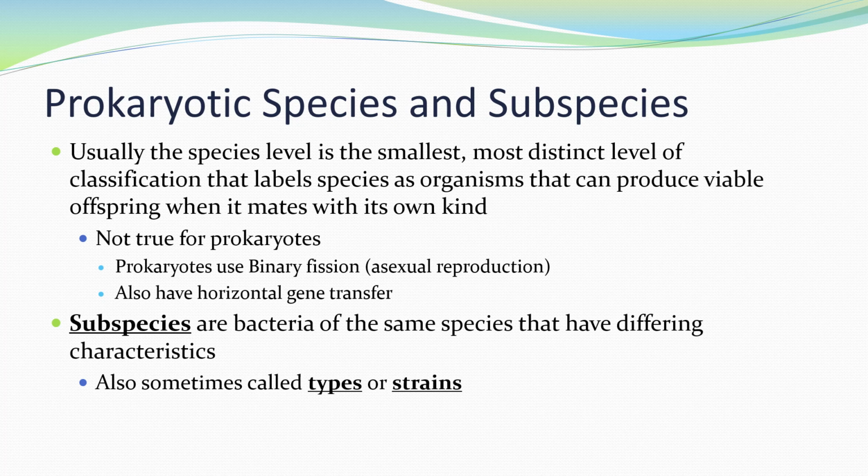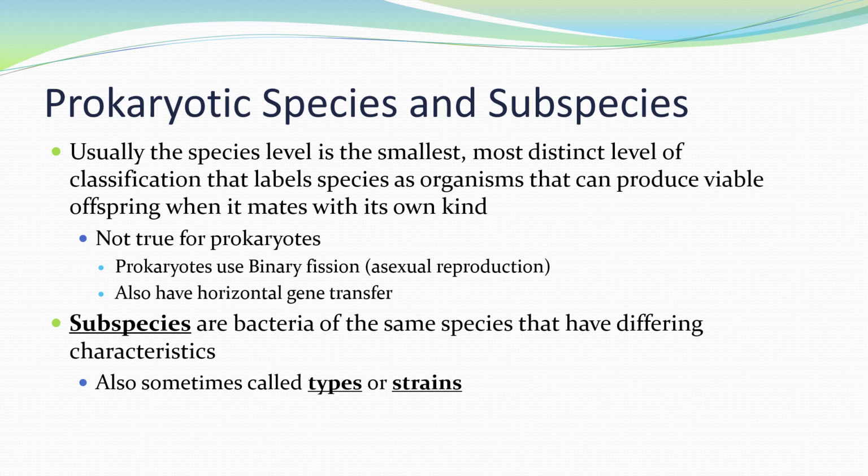In some cases, some bacteria can have subspecies. This is bacteria of the same species that have differing characteristics, and also sometimes called types or strains, which we will talk about different types and strains of bacteria.